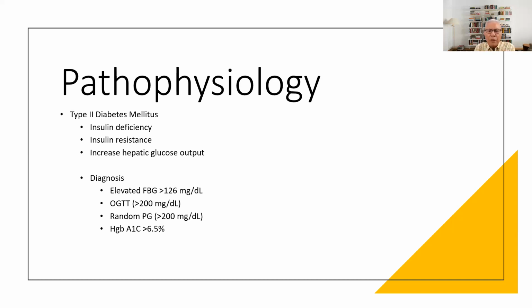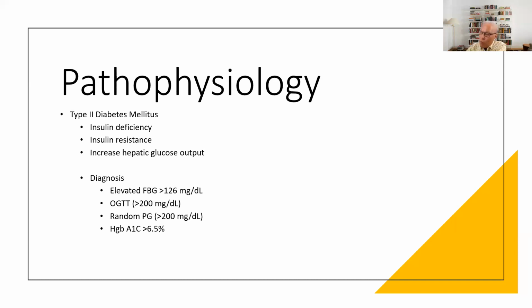diabetes, or perhaps a random glucose of 200 milligrams per deciliter with classic signs and symptoms of hyperglycemia. And throughout all of these, we also establish the hemoglobin A1C levels. If the A1C level is above 6.5%, then this also is going to be a reliable diagnostic measure for diabetes mellitus.